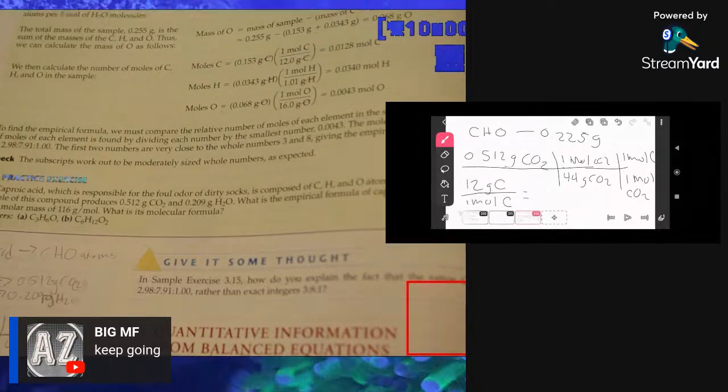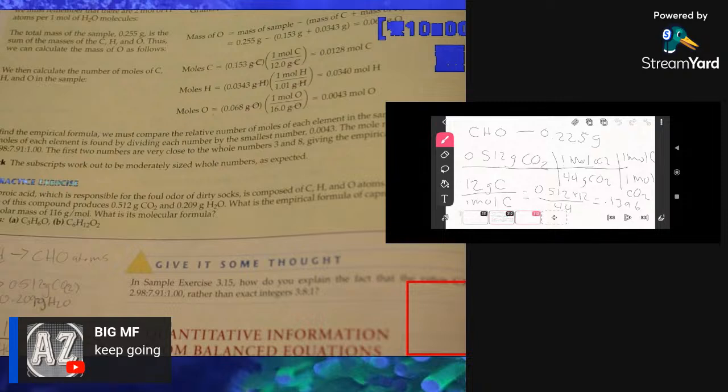This is going to equal 0.512 times 12 divided by 44, which equals, all right, I don't have a number right now. Hold on. All right. Oh yeah, actually I did write the notes down.